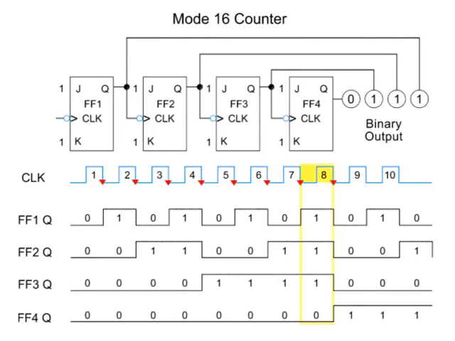The 8th pulse results in an output of 1000. Pulse 9 outputs 1001. And finally, as expected, the 10th pulse toggles the appropriate flip-flops to give 1010.